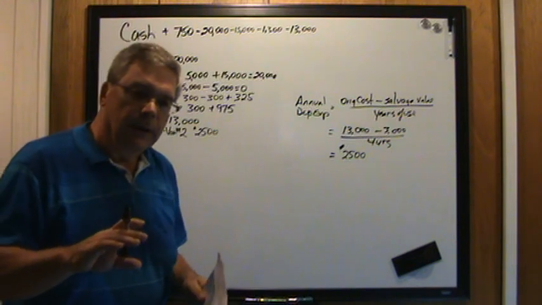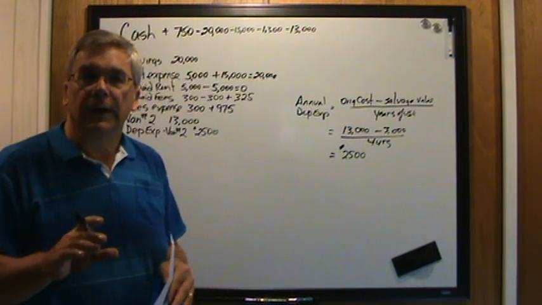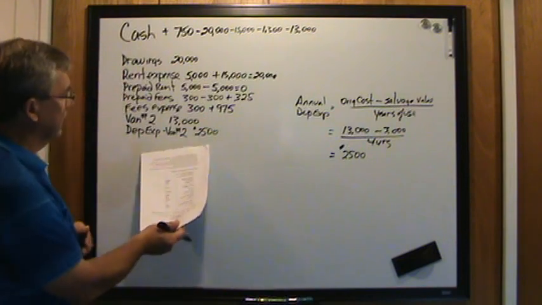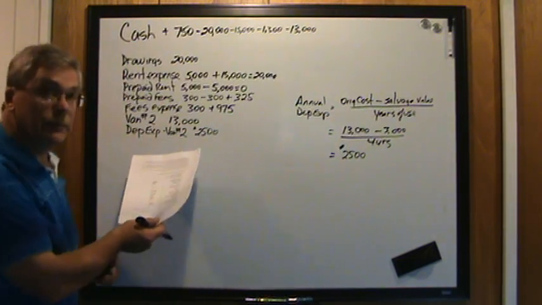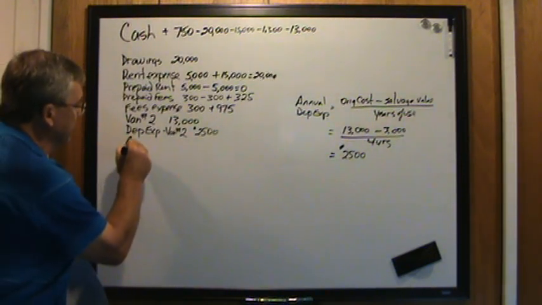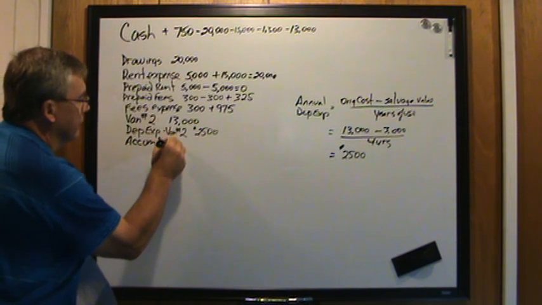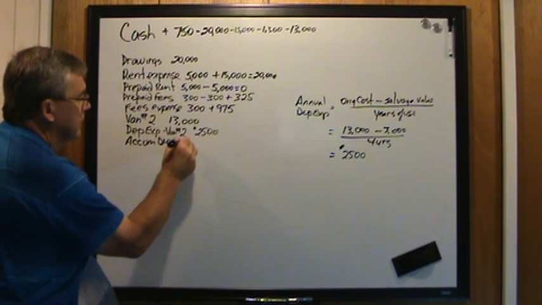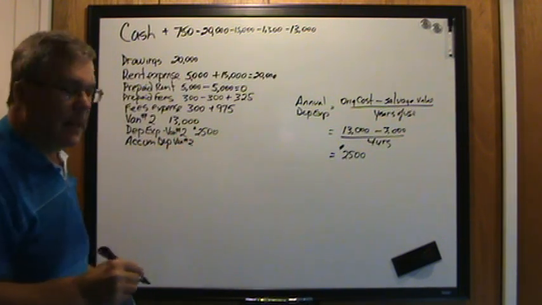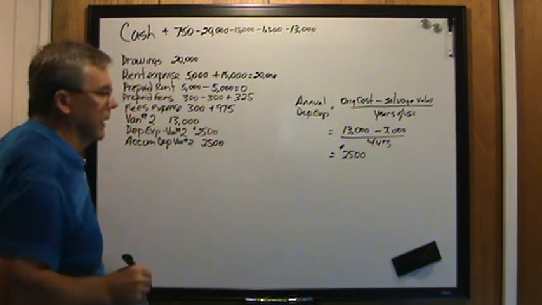So the other side of the transaction, where we have depreciation expense, needs to be balanced with something else, and of course that is accumulated depreciation on van number 2, which will be on the balance sheet. So that's $2,500, and that balances.